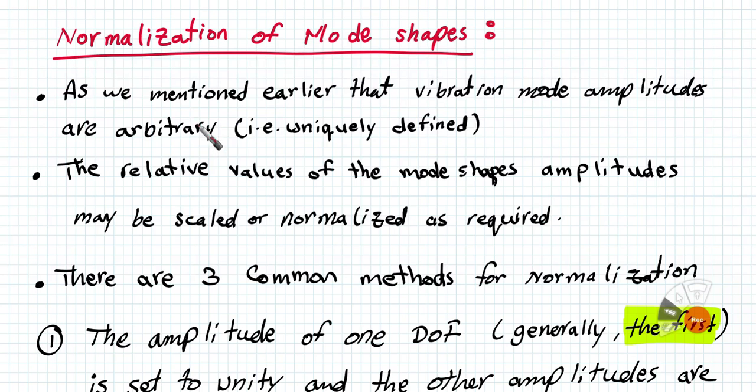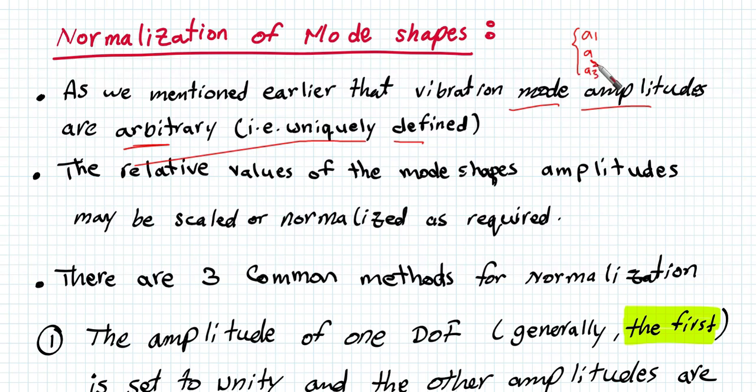We mentioned earlier that vibration mode amplitudes, or modal amplitudes, are commonly arbitrary. This means that if we have A1, A2, A3 and so on, they have relative values but not absolute values.